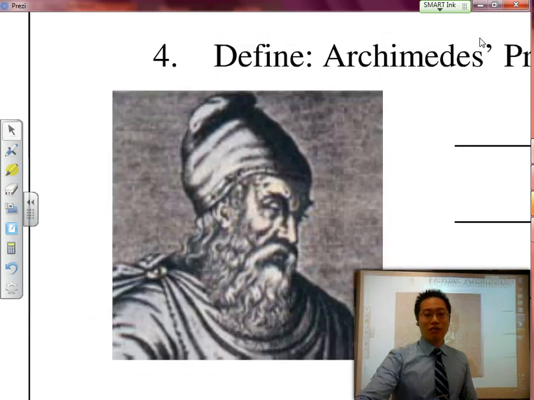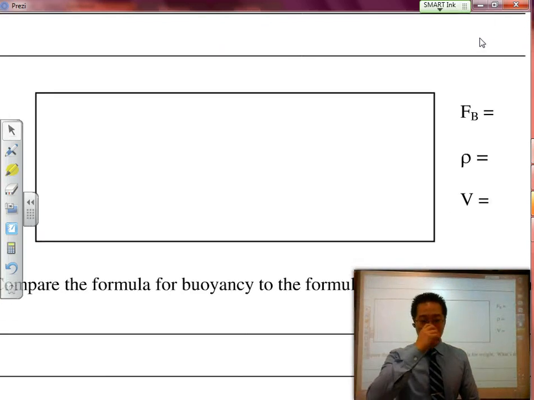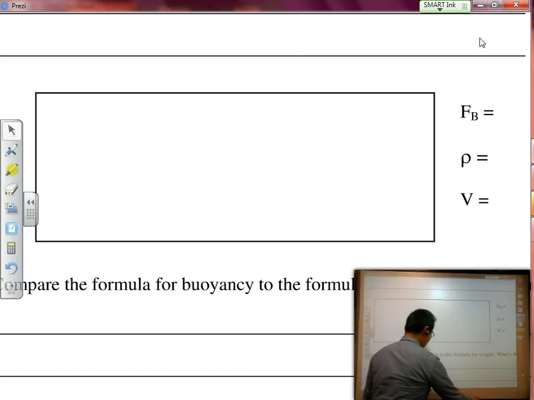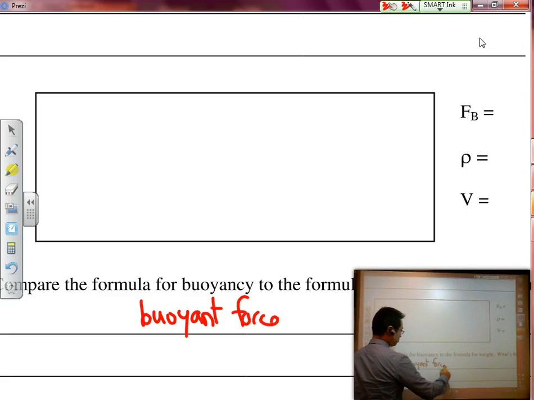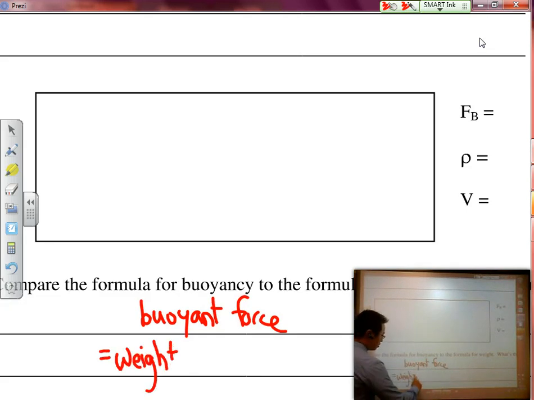He realized that the buoyant force is equal to the weight of the water displaced by the object.